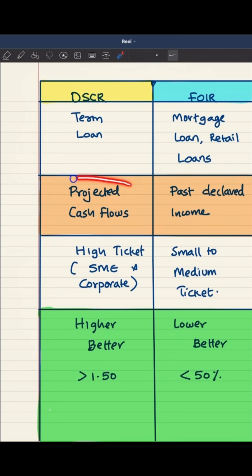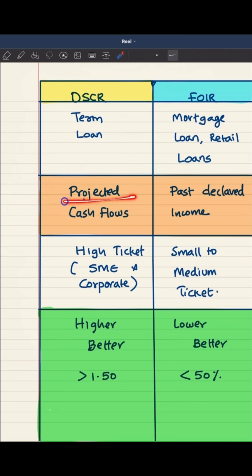DSCR is calculated based on projected cash flows. If a borrower is going for a term loan, let's say they are asking for a term loan for 8 years. So in this 8 years period, what is going to be the cash generated by the borrower? That will be considered as a base, and that will be compared with the obligations, and then DSCR will be calculated.